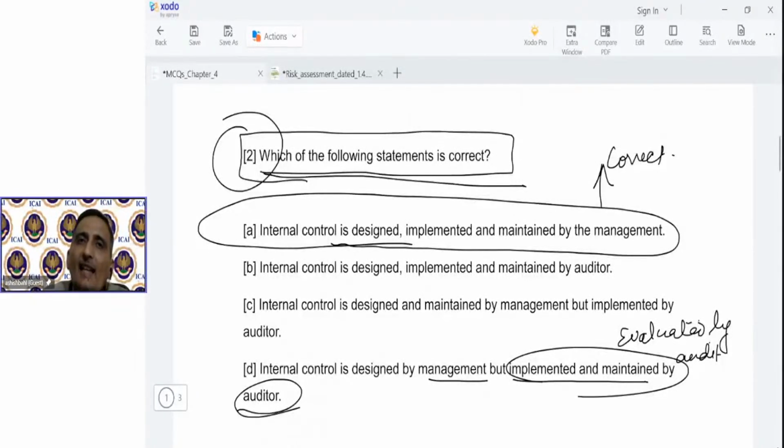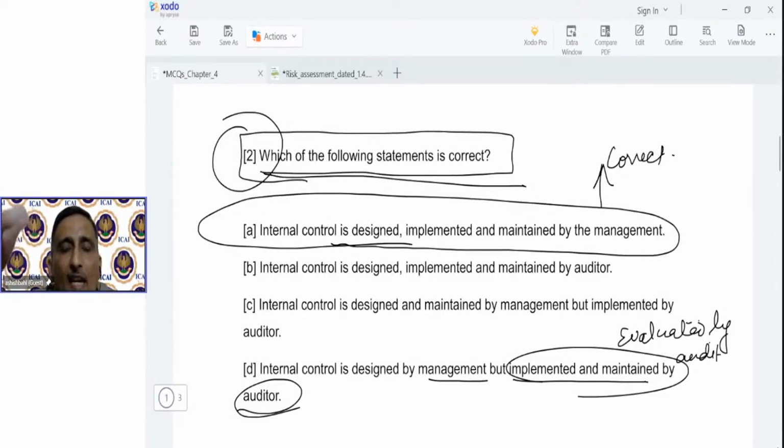Just as preparation of financial statements is the responsibility of the management, similarly internal control is designed, implemented and maintained by the management. The auditor only assesses it.